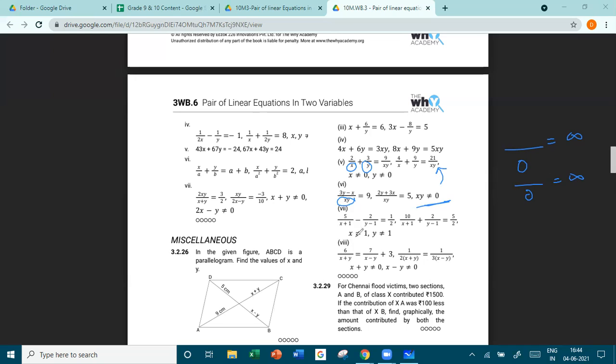Same, even here. So x not equal to 1, y not equal to 1 means the denominator is non-zero. So mostly that is why conditions are given, right? Even here, the seventh subpart, if you see x plus y, if it is 0, it would become a divided by 0 kind of problem, right?